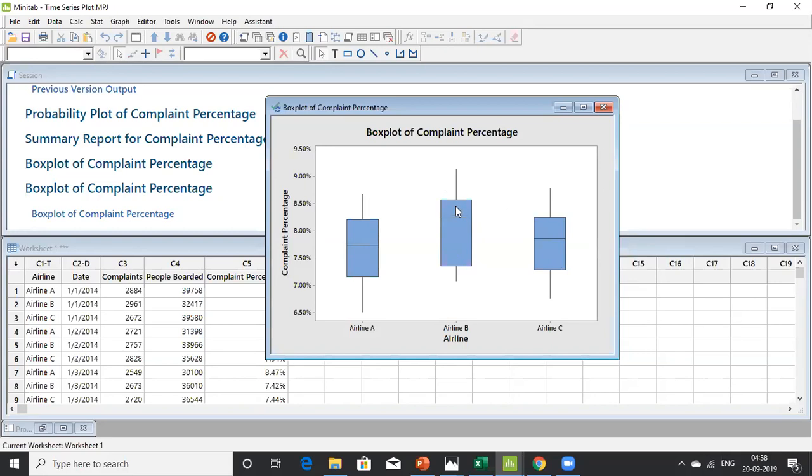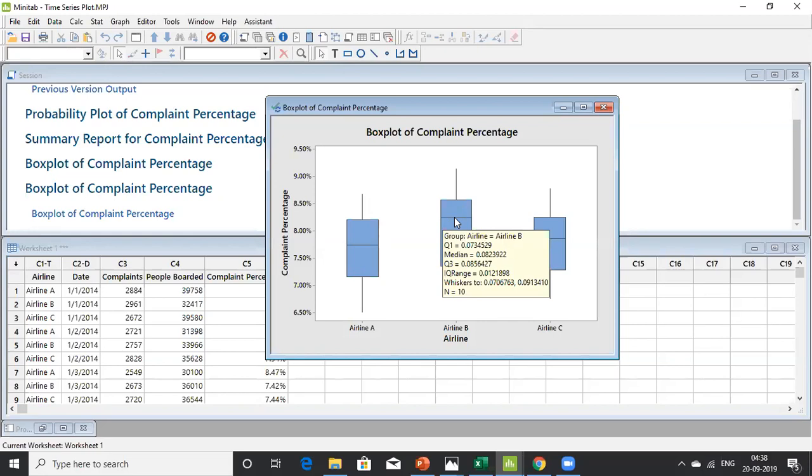Right, and I also get to see the deviation or variation for each airline separately. So I know there's trouble with airline B because there's a bigger variation than the other two. Yeah, your median is like 8.25%, 8.24%.